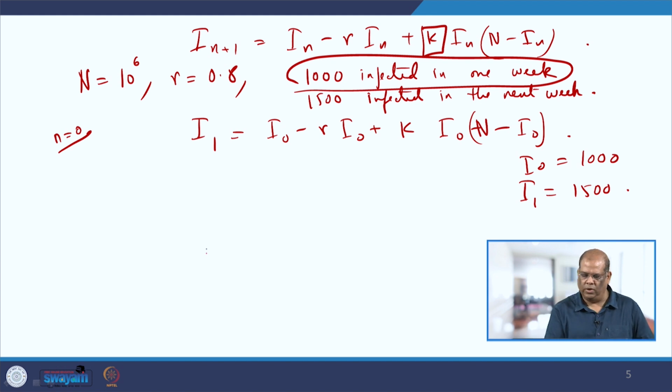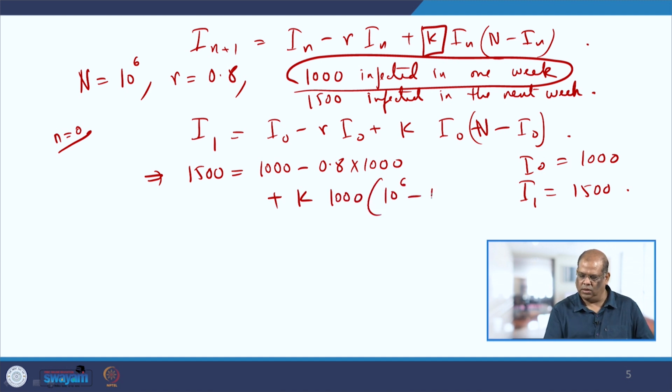If you substitute these values, you get 1500 equals 1000 minus 0.8 multiplied by 1000 plus k times 1000 times 10 to the power 6 minus 1000, where I do not know the value of k. So, I simplify this to get the value of k.